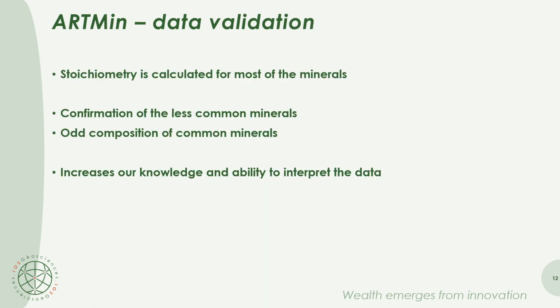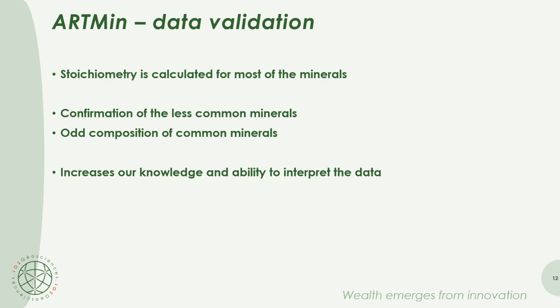So we just don't rely on what's coming out of the SEM. We make sure that it makes sense. So we calculate the stoichiometry for all the minerals that come out. It enables us to confirm the nature of the less common minerals, and also to see if there's something odd with more common minerals.